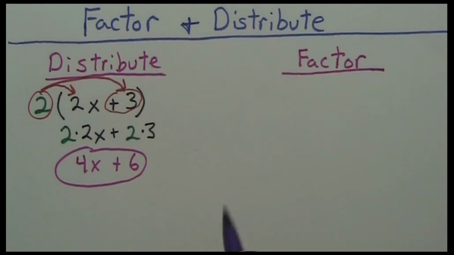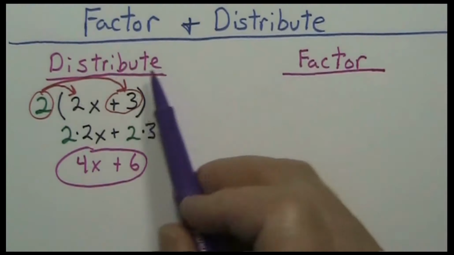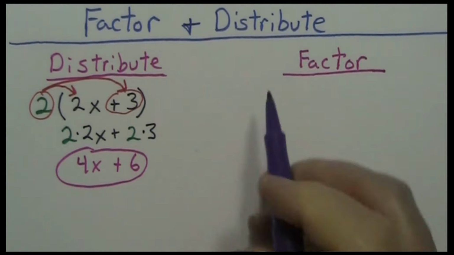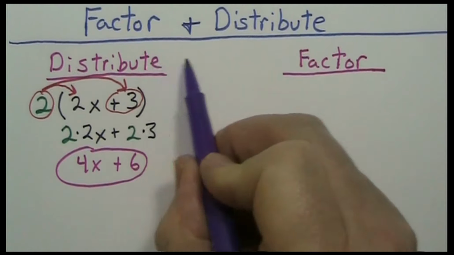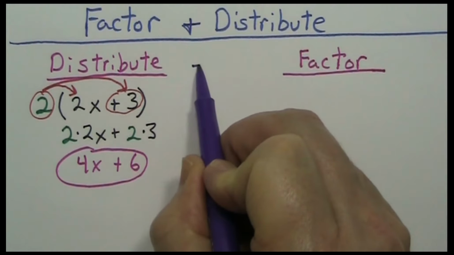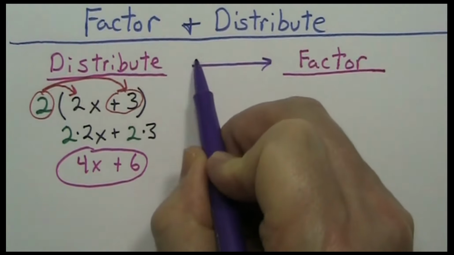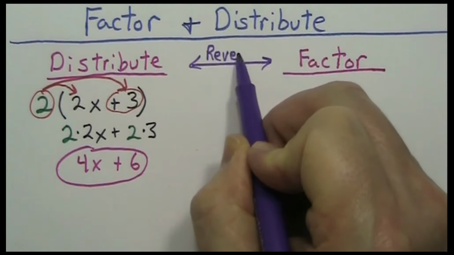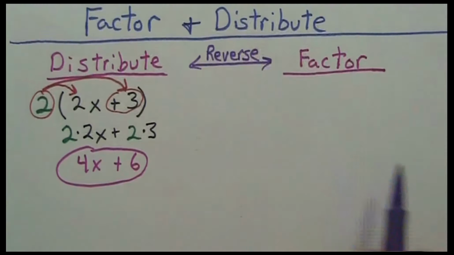Okay, you may want to wait till I write something here. So we're going to do factoring here, but we're going to put some stuff in between there. From distribute to factoring, what it basically is, it's reverse.